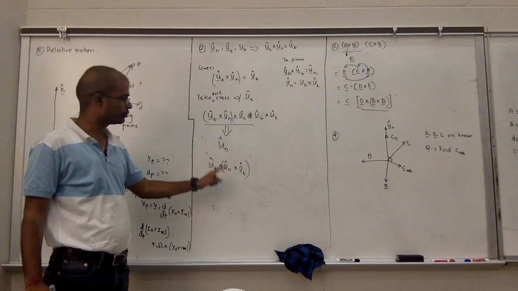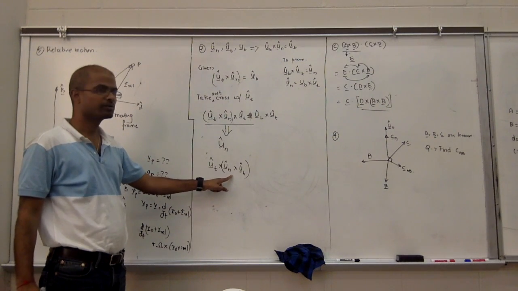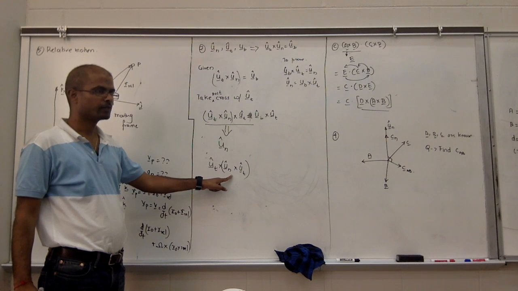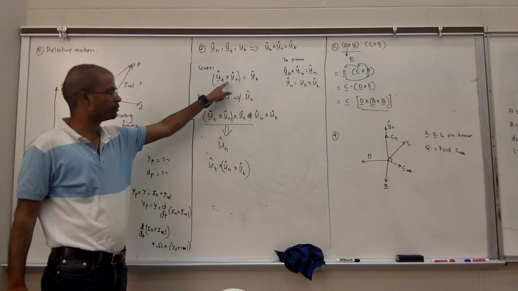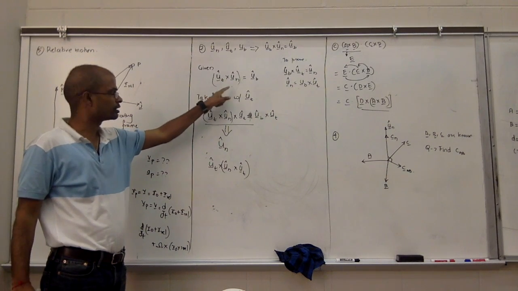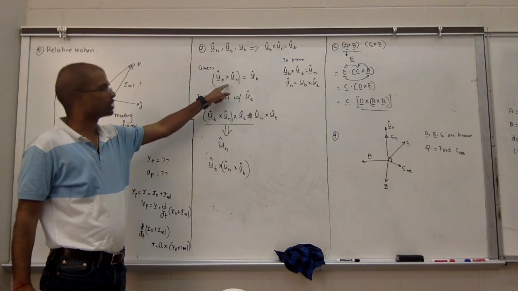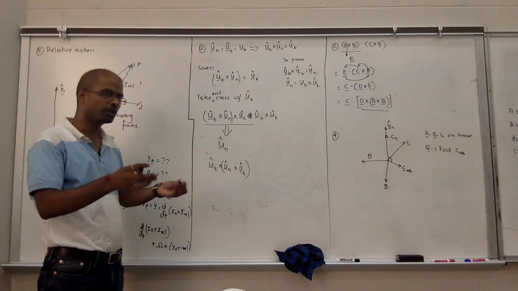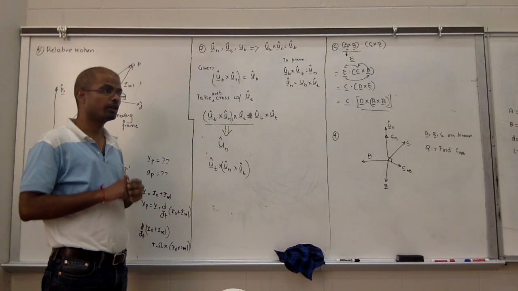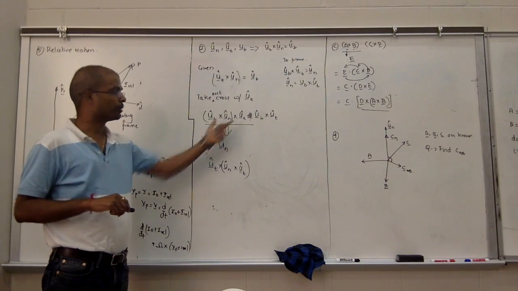This is different from this. You understand? It's not the same thing. So when you put your brackets, make sure you know where that bracket is, because this is some other vector, this is some other vector. It changes the whole arrangement. So you have to make sure that bracket is maintained.